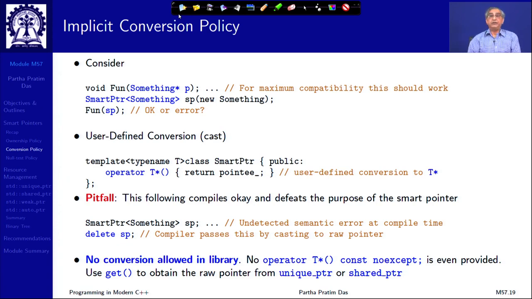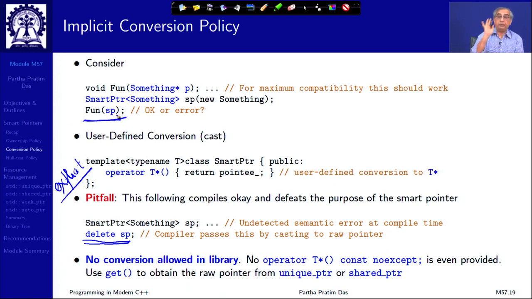There could be different ways of providing the conversion and then blocking it. For example, we have learnt about the explicit keyword for making the conversion operators explicit. You could use that. If you use that, then this problem will go away because this will not compile.